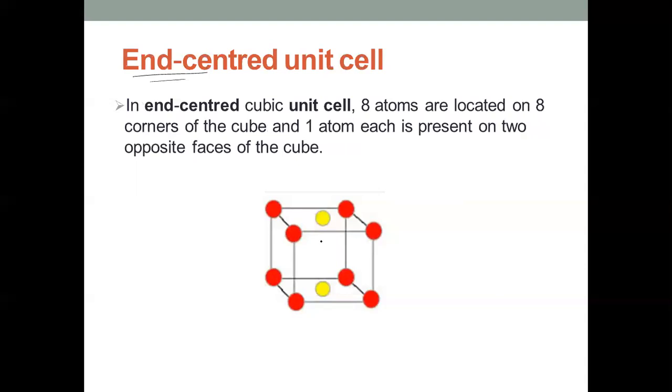They can be present at the centers of these 2 faces, or they can be present at the centers of these 2 faces also. So 8 atoms are present at the 8 corners, and also we have 2 atoms present at the centers of 2 opposite faces. So this is about these unit cells.